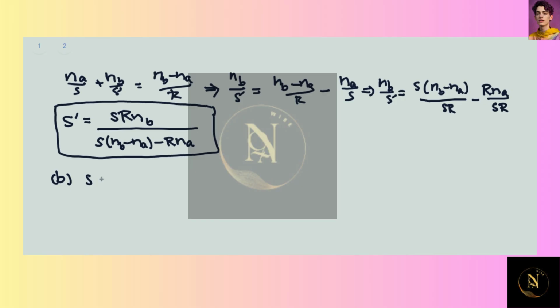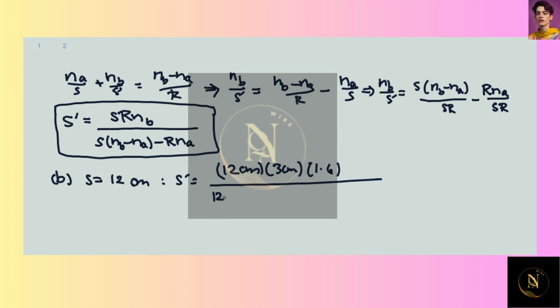For B, we're given that S is equal to 12 centimeters. So we literally just plug in the numbers here. So 12 centimeters for S. Recall that R is 3 centimeters and NB is 1.6.